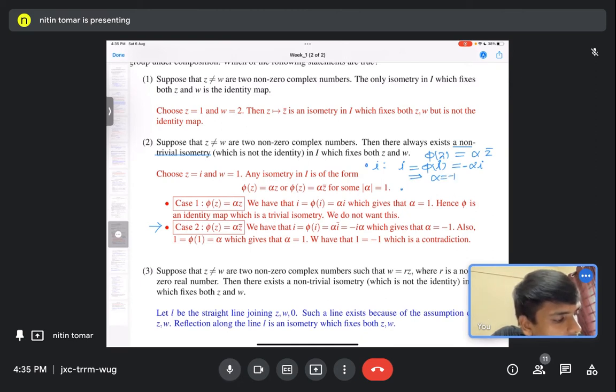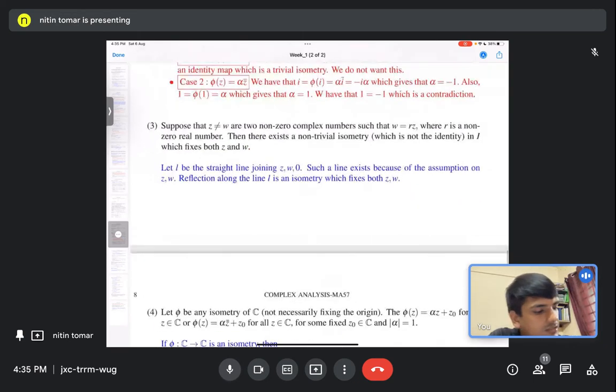But if you take 1, because phi is also fixing 1, it will be 1 equal to phi of 1, but phi of 1 by definition is alpha. So alpha equal to 1. So alpha is getting two different values, which is not possible, because it will imply 1 equal to minus 1, which is a contradiction. So this option is also false.